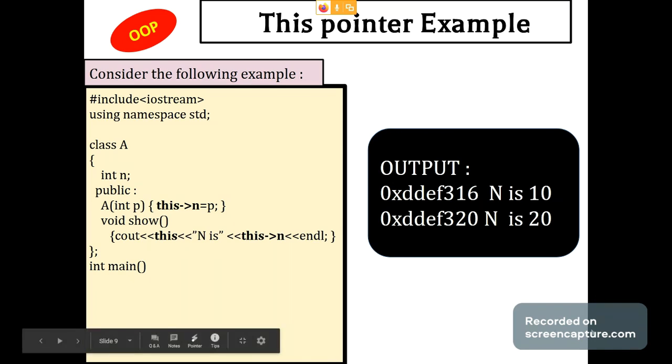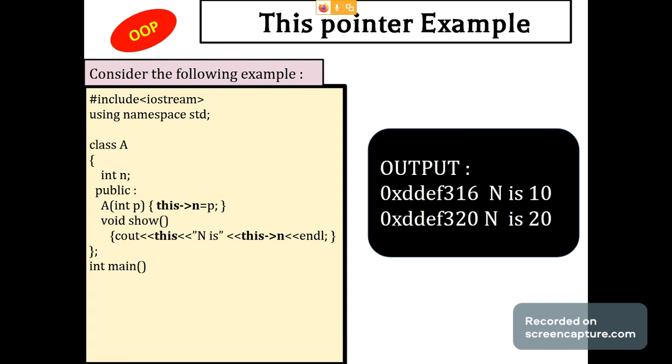Then in the show function, you display this, which will display the address of the current object, and then the value. So when you write ob1 dot show and cout this, it will show the address of ob1, because this pointer is pointing to ob1. So address 0xDEF316 is the address of ob1, and then this arrow n means ob1's n value, which is assigned the value 10.